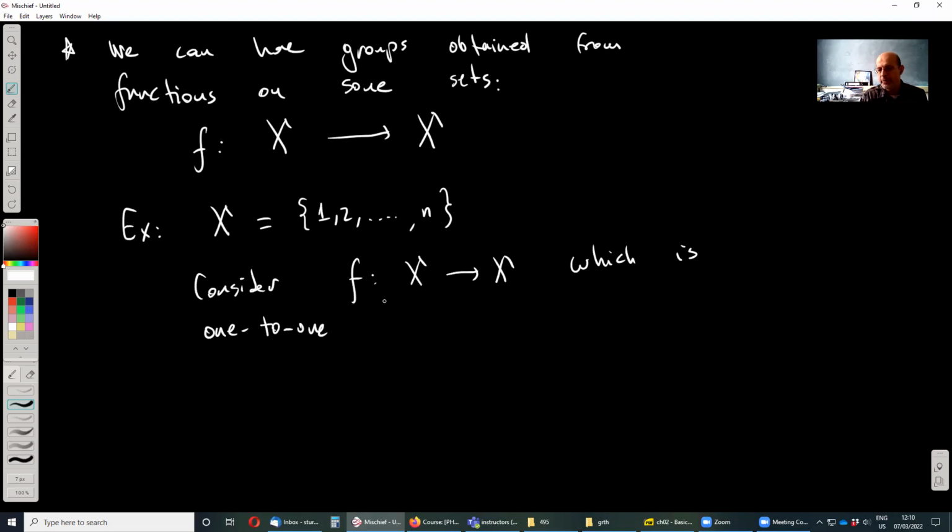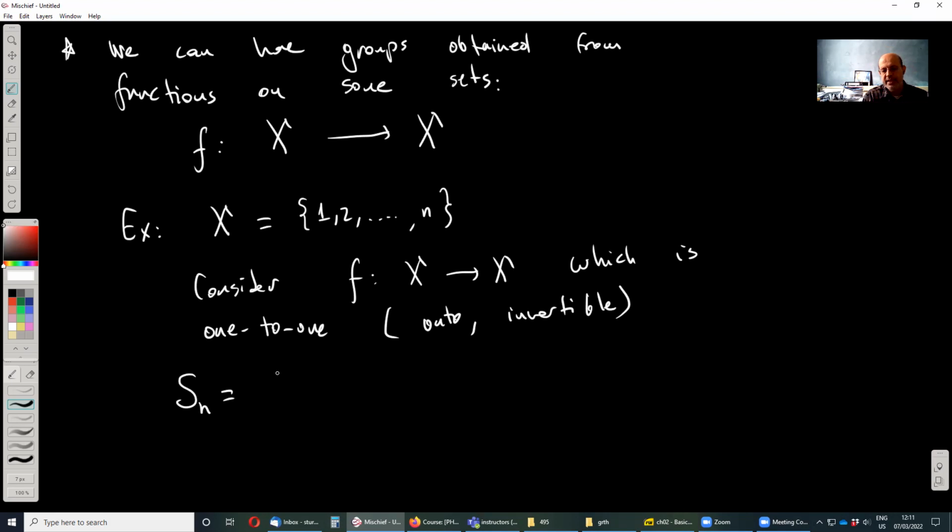Which means it is onto and invertible. Since this is a finite set, if the function is 1 to 1, then it has to be onto, and so therefore it has to be invertible. Okay. So we call Sn, this is the symmetric group.